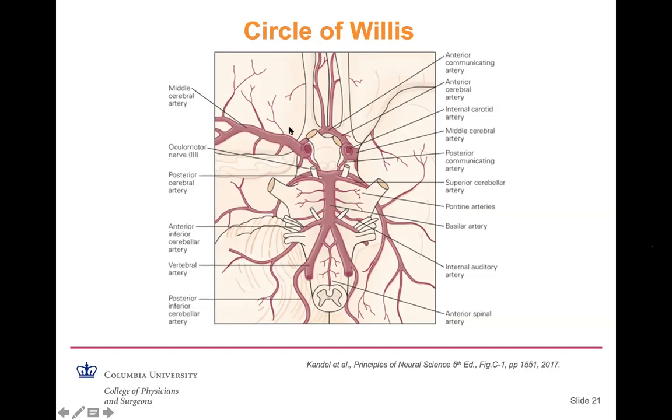And so if one area is blocked, through this roundabout system, the arteries from another area can bring blood to that area. So this roundabout system of the brain that's receiving all these major arteries allows the brain to compensate if one area is blocked, and then through this roundabout system, the blood can still get there by taking another route. It's called the circle of Willis.